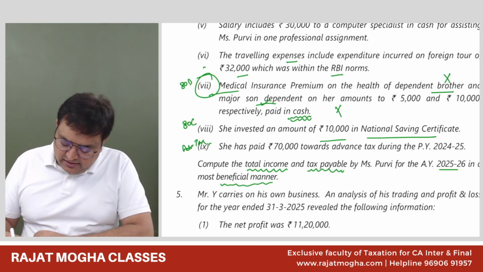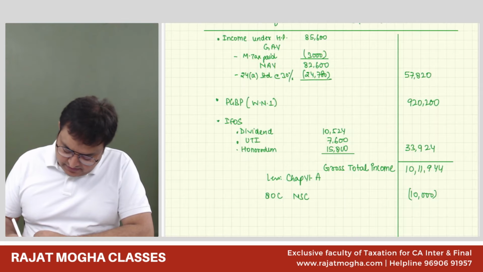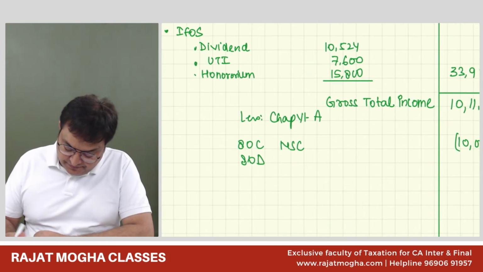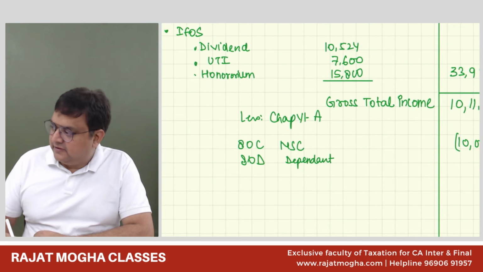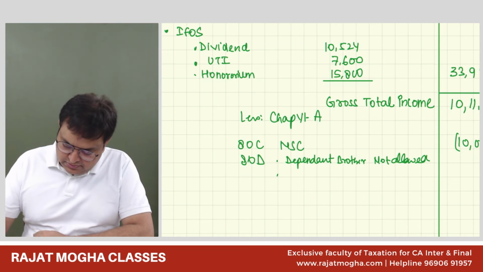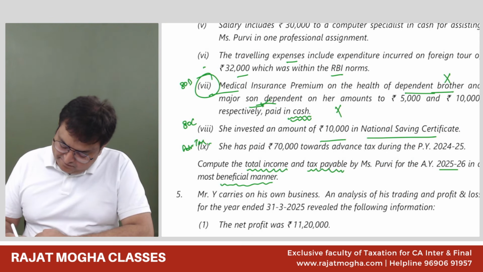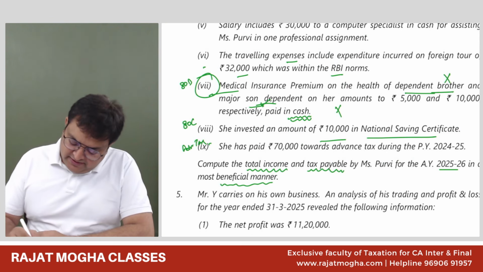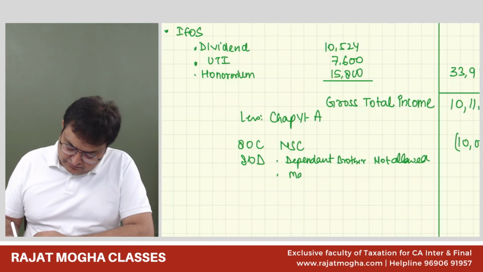Then 80D, medical insurance for dependent brother is not allowed, and for major son is not allowed. So we'll show that: for dependent brother, not allowed, and for major son, not allowed.